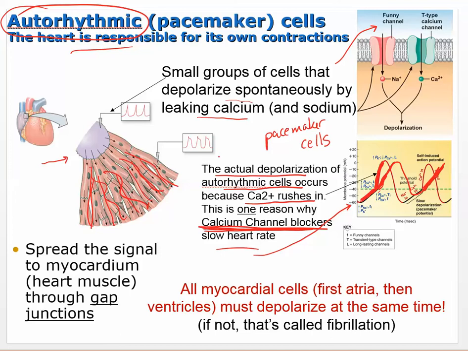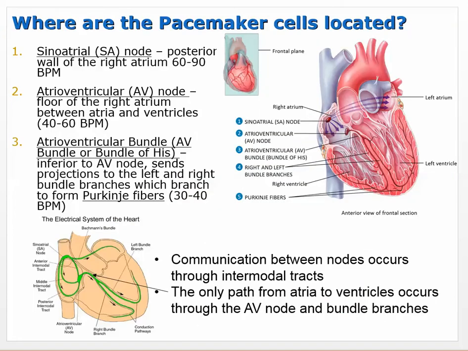So the atria have to contract at the same time, and then there's a pause, and then the ventricles all contract at the same time. Okay, and so it does this through, and since I'm talking about it, I'll go down here and look at this little thing with the green tracts, and these are internodal pathways.